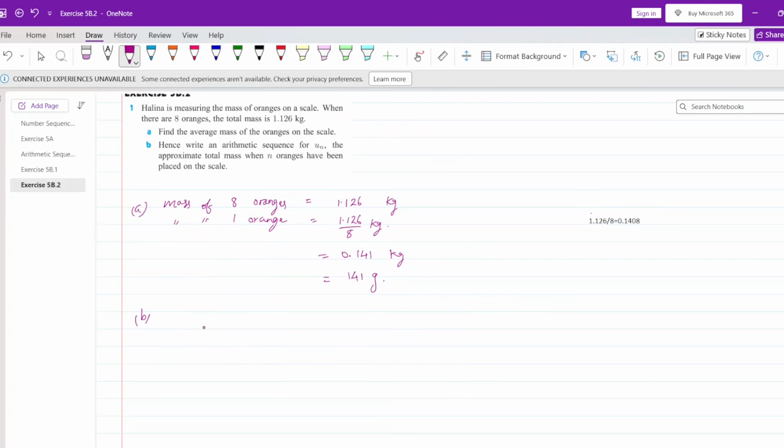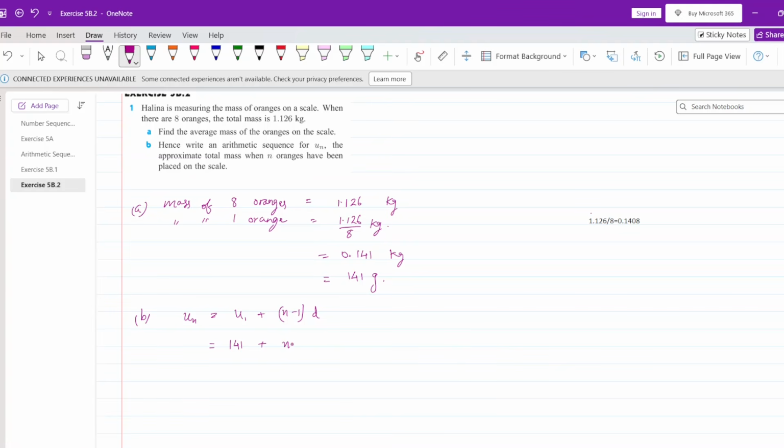So we know un equals u1 plus (n minus 1) times d. So u1 is the mass when the first orange is placed on the scale, and we know the mass of one orange is 141 grams, so u1 is 141.